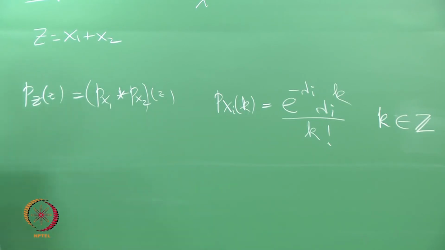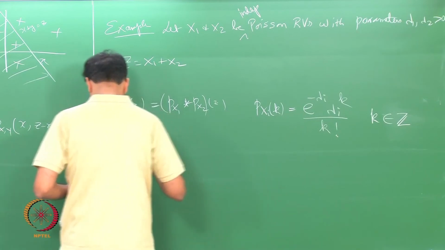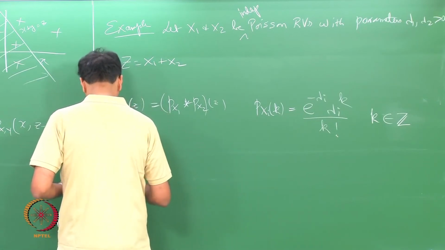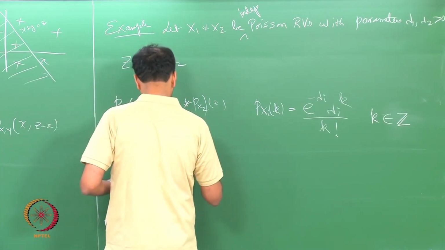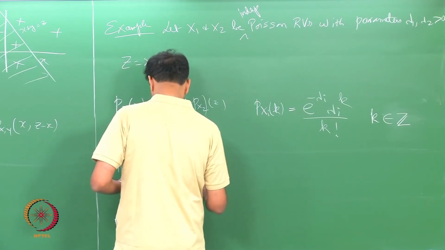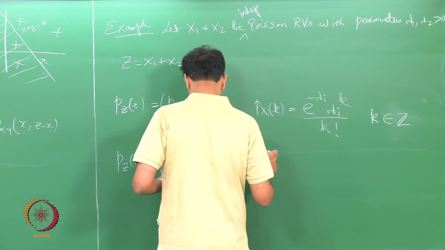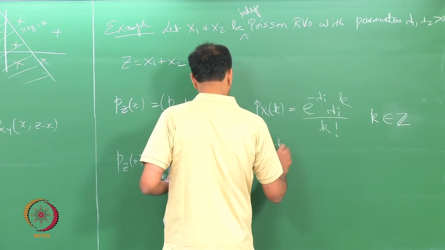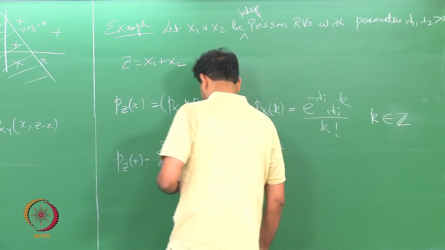Now, let me try and do this convolution. So, P z of z is the sum over k equals 0 to z of e power minus lambda 1 lambda 1 power k by k factorial times e power minus lambda 2 lambda 2 power z minus k divided by z minus k factorial.